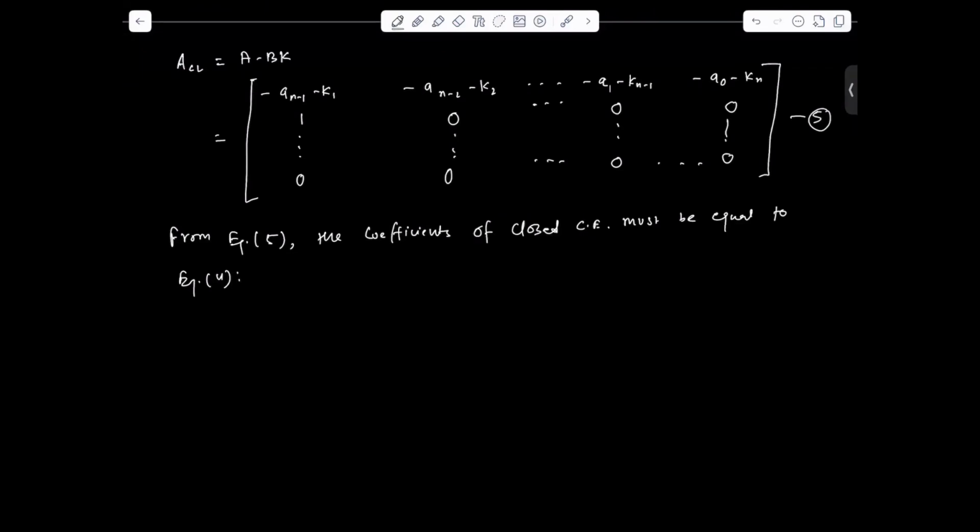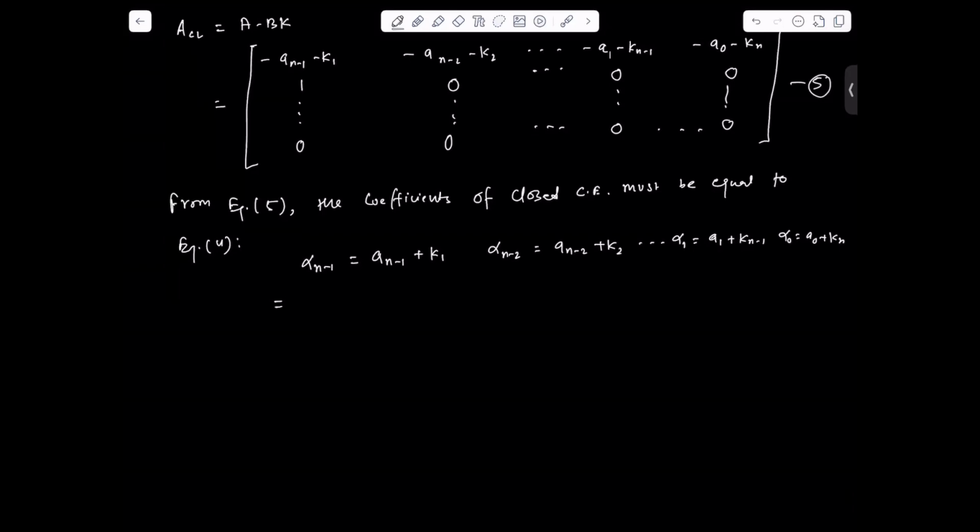So in this condition, we can write alpha n minus 1 equal to a n minus 1 plus k1, and alpha n minus 2 equal to a n minus 2 plus k2, dot dot dot, alpha 1 equal to a1 plus k n minus 1, and alpha naught equal to a naught plus kn, right?